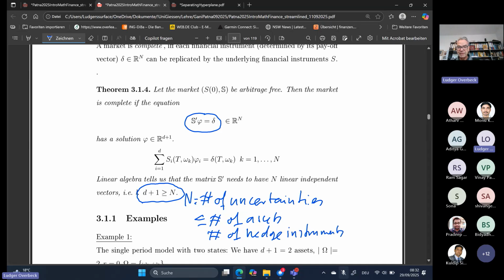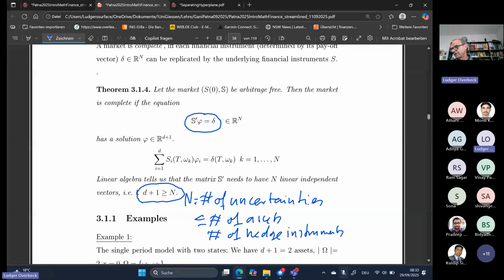You see, the replication in this sense means that you can hedge fully the uncertainty. Or put it like this, you don't get additional uncertainty. All the uncertainty is in the underlying asset.